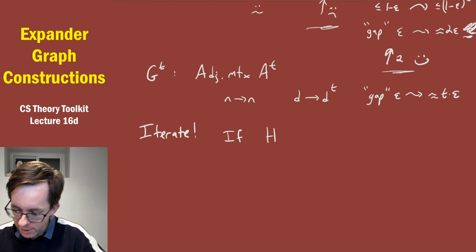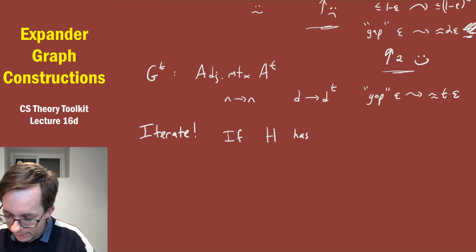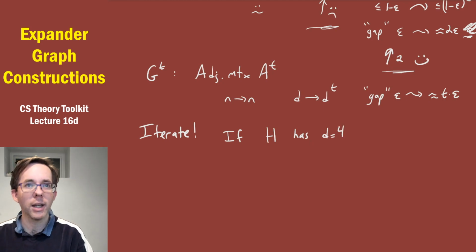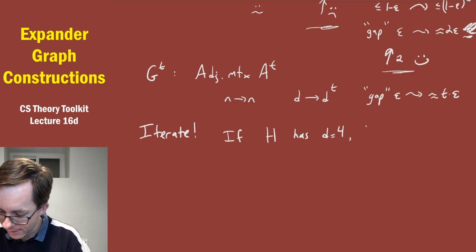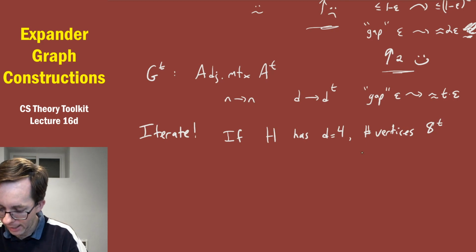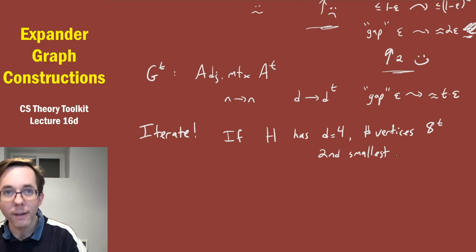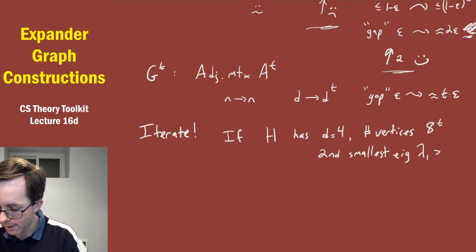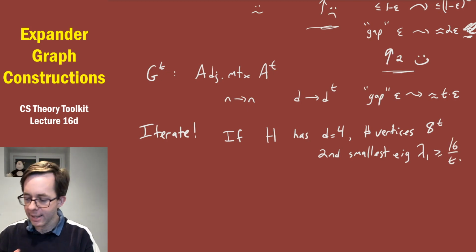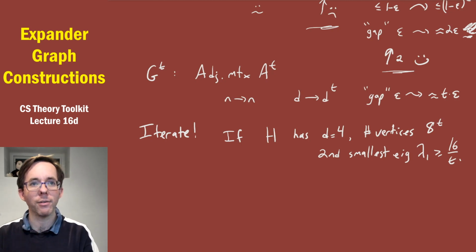So let's say H is a 4-regular graph, little d equals 4, and let's say its number of vertices is 8 to the power of t, and the second smallest eigenvalue of its Laplacian, lambda 1, is at least, I don't know, like 16 over t or something. What I claim is that such a graph H exists. So just buy that claim for now.